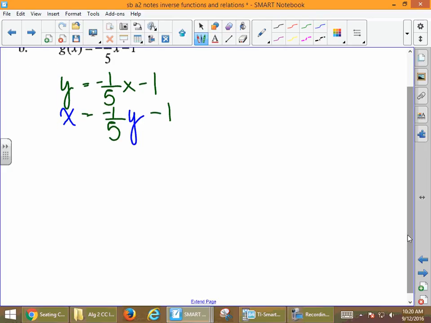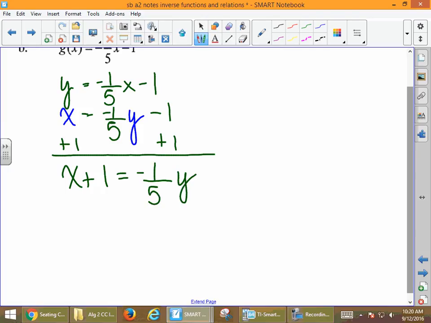So in order to do that, let's add 1 to both sides. We get x plus 1 equals -1/5 y. Well, we've got a fraction in front of here, and sometimes that causes people trouble.